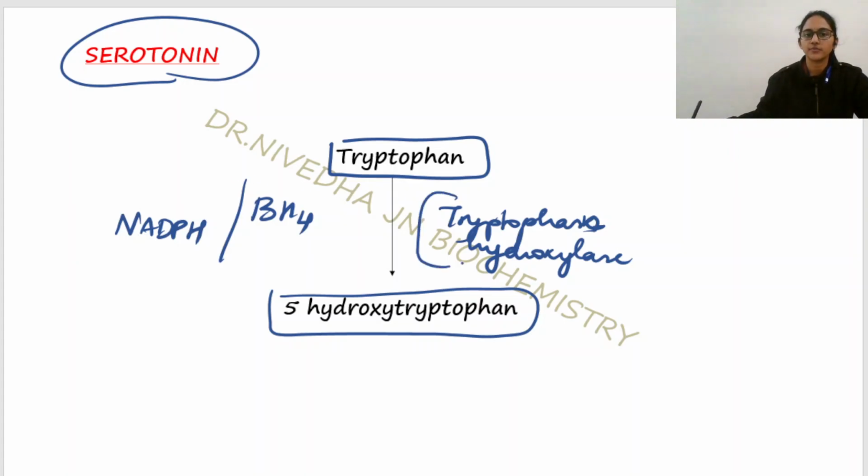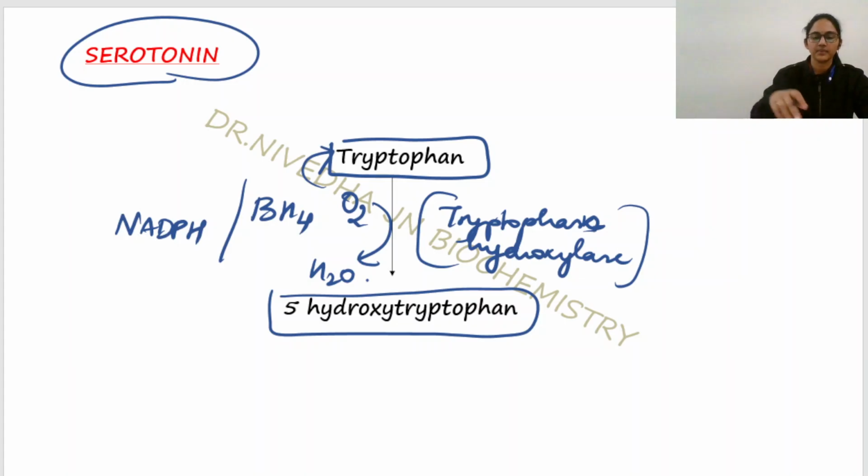So tetrahydrobiopterin and NADPH are required for tryptophan hydroxylase, which converts tryptophan to 5-hydroxytryptophan with the help of oxygen. So this is a monooxygenase. One oxygen is incorporated into the tryptophan, and the other oxygen is involved in forming water.